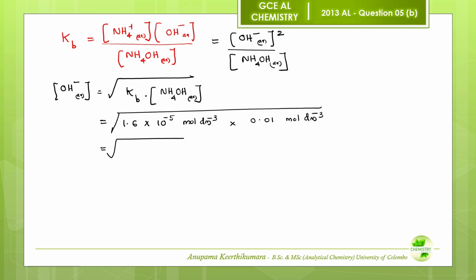Square root of 16 times 10 to the negative 8th. 4 times 10 to the negative 4th moles per cubic decimeter. Therefore, concentration of hydroxide ions in the 0.01 moles per cubic decimeter ammonium hydroxide solution is 4 times 10 to the negative 4th moles per cubic decimeter.